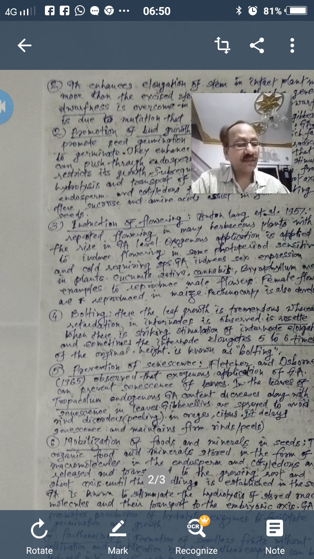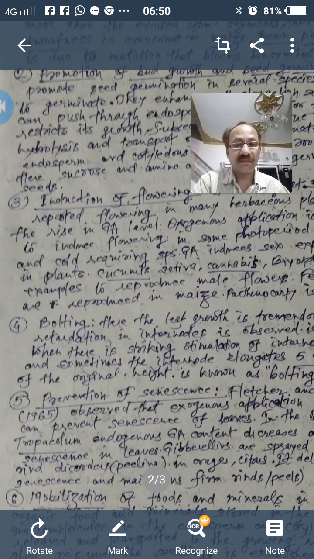GA induces sex expression in plants. Cucumis sativus, cannabis, and Bryophyllum are examples that produce male flowers. Female flowers are produced in maize. Parthenocarpy is also developed.